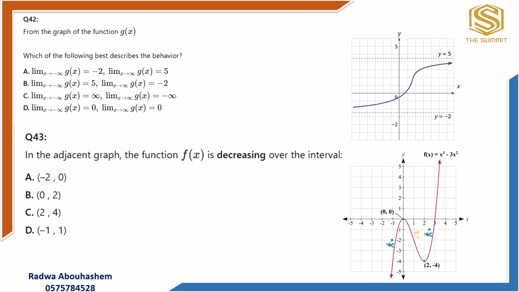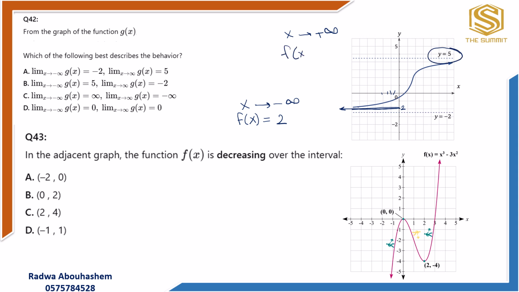Which of the following best describes the behavior of the function here? When x is negative, the y is negative also, but we have an end for this point, which is negative 2. So when x goes to negative infinity, the function of x equals negative 2. Now when x goes to positive infinity, I read the value at y equals 5.